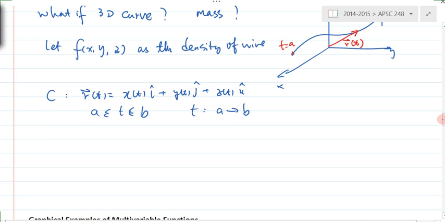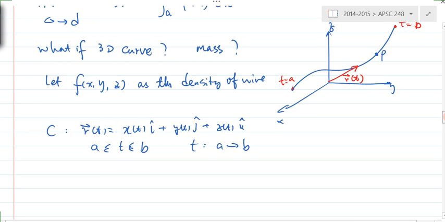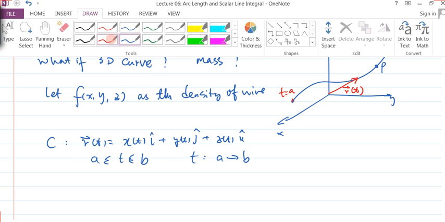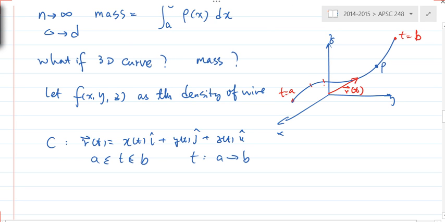Now, if we ask what's the mass of this wire, we can do a similar approach as before. I'm going to take a very small segment along this curve, taken at t equal to tk, at this location.